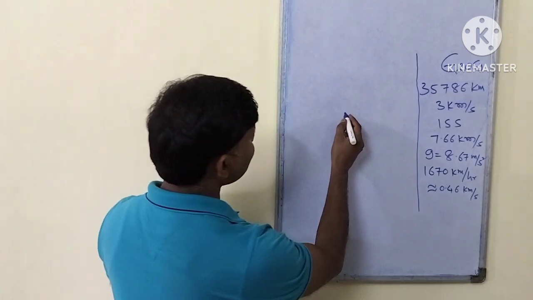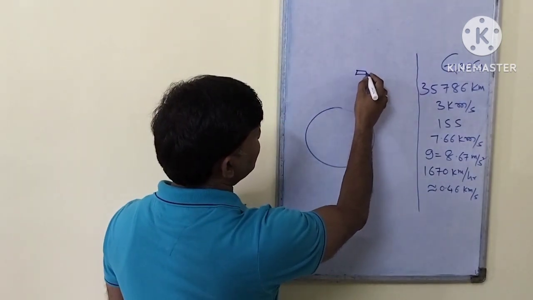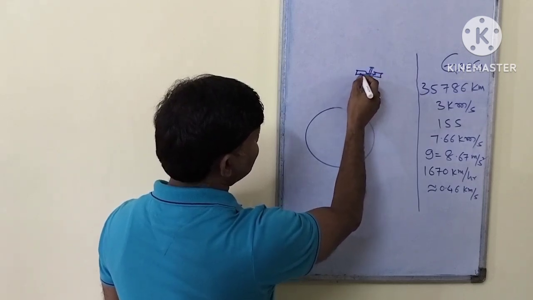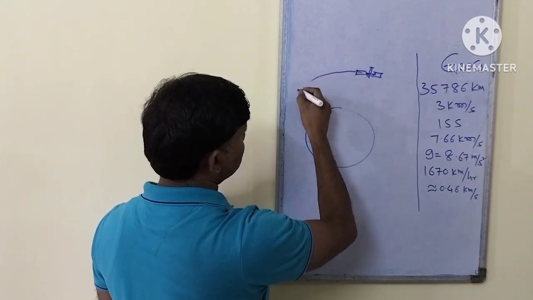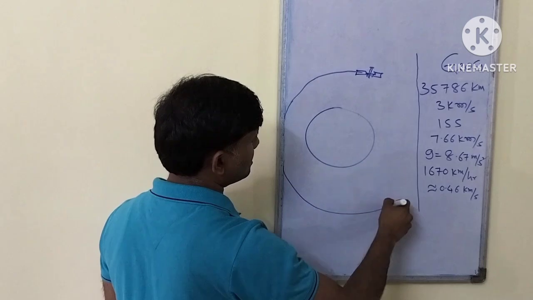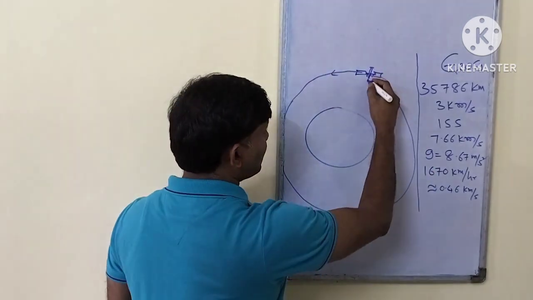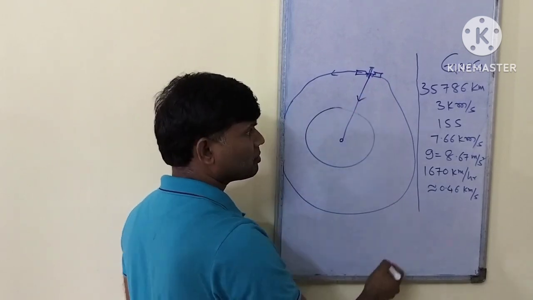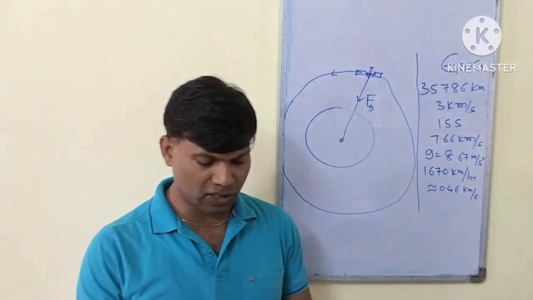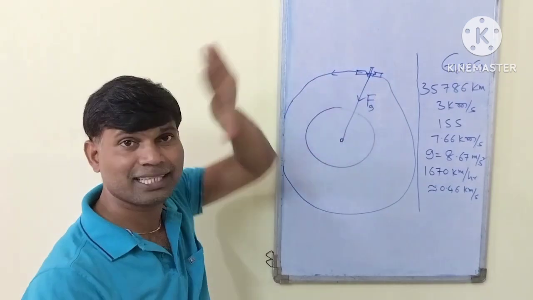See here, this is the Earth. Here is some space station. It is continuously rotating in a circular path, nearly circular path, around the Earth. This is the gravitational attraction force, Fg, on the International Space Station due to the Earth.